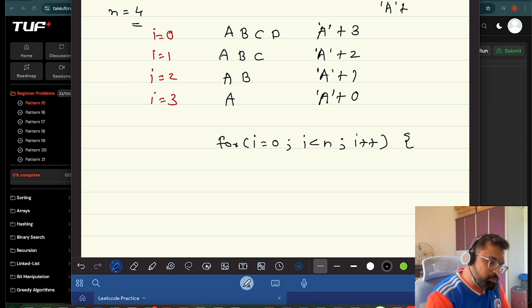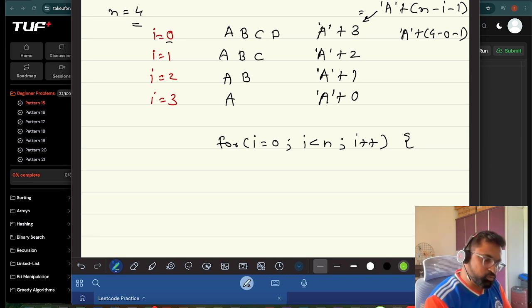A plus n minus i minus 1. Can this be true in this case, and is it giving us this particular value or not? That we want to find out. So let's try to put in the values for n and i for each row. A plus n is 4, i is 0 here, and 1. So 4 minus 0 minus 1 is nothing but 3. So A plus 3. Then again for this row, n is 4, i is 1 here, minus 1, so it is A plus 2.